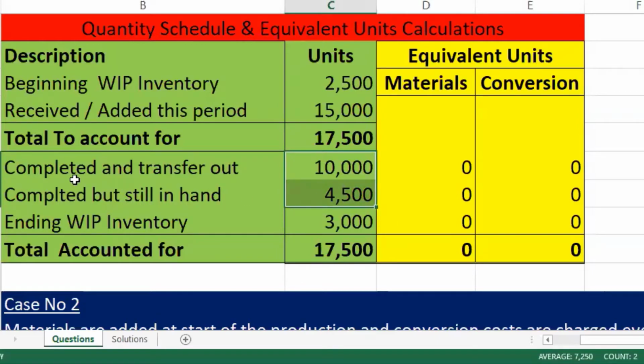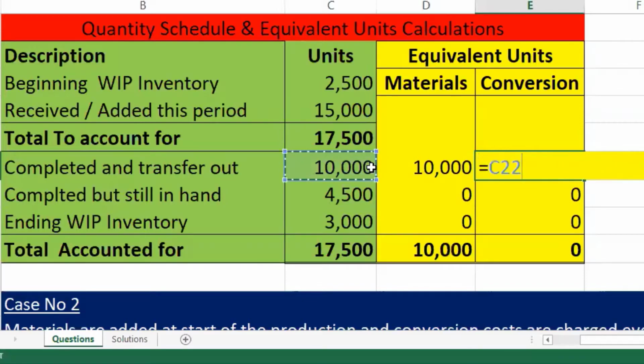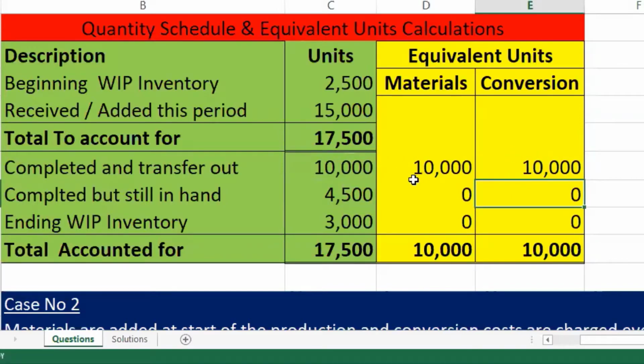So when we have completed units, you have to just repeat those units in every cost element, because this means that we have applied all materials on these completed units.